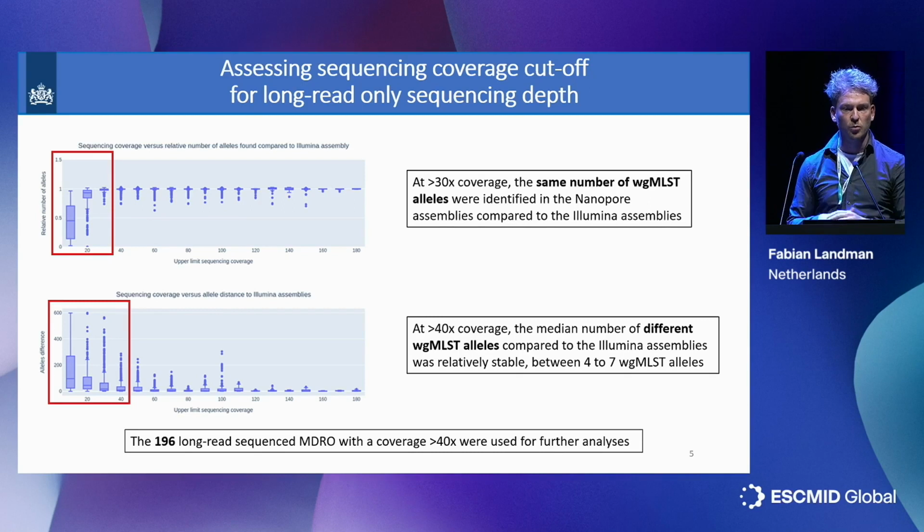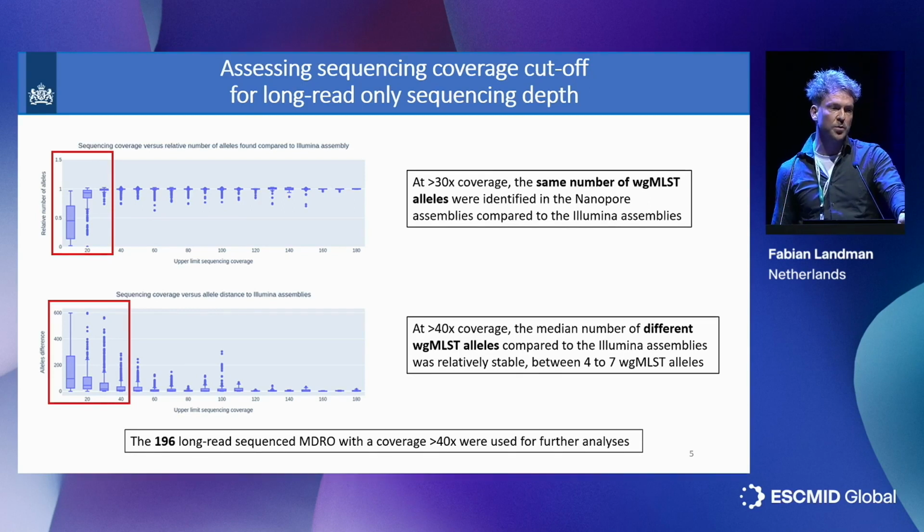It's stable around 1. However, if you look into the allelic difference per isolate compared to its short-read output, then we find that at 40x coverage, the median difference to its counterpart stabilizes around 4 to 7 alleles. So that's why we decided to go forward with 40x coverage for all of the isolates.